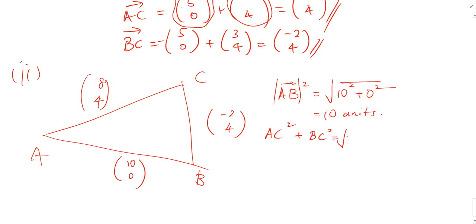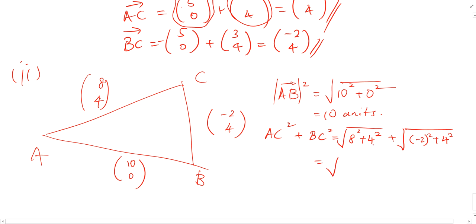This must be square root of 8 squared plus 4 squared plus square root of negative 2 squared plus 4 squared. So this is 64 plus 16 is 80, plus square root of 4 plus 16, 20. Square root 80 plus square root 20. See already? This over here is actually the length, so I need to square it.